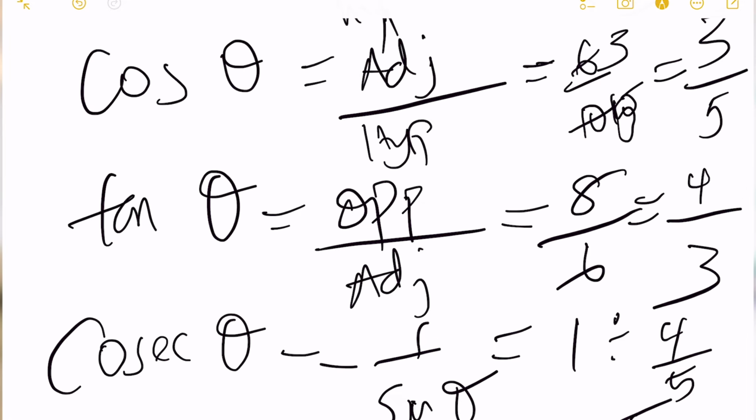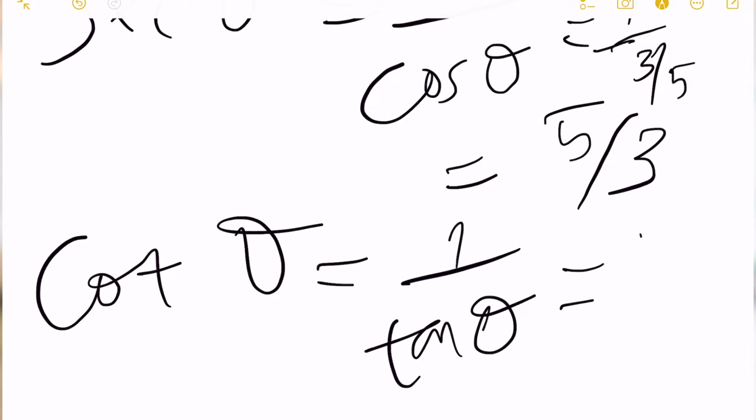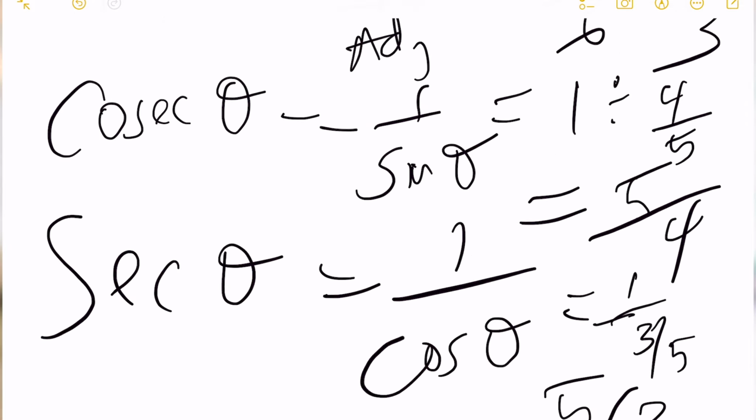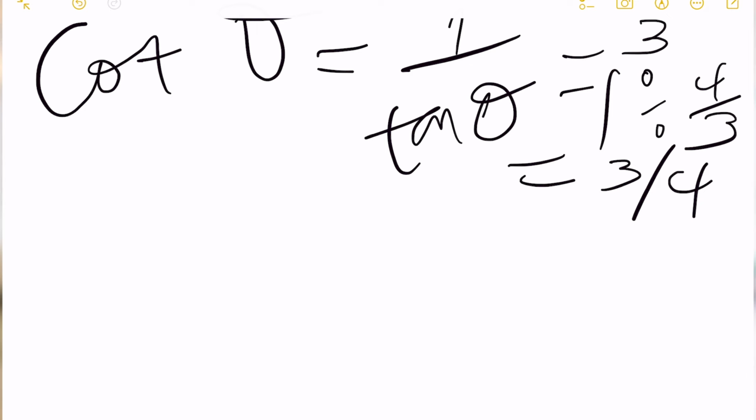And we have cot theta to be 1/tan theta, which gives us 1 divided by 4/3, which is 3/4, which is the answer for the first triangle.